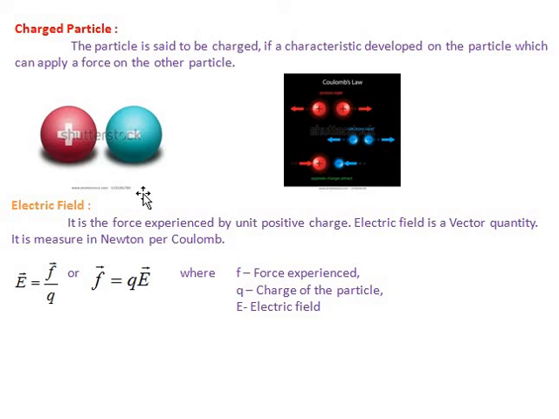That is an example of particles initially not charged unless we do some work on the particle. Therefore, a particle is said to be charged if a characteristic is developed on the particle which can apply a force on another particle. When you rub a glass rod with silk, it gets positively charged, and if you rub a plastic rod with silk, it gets negatively charged.